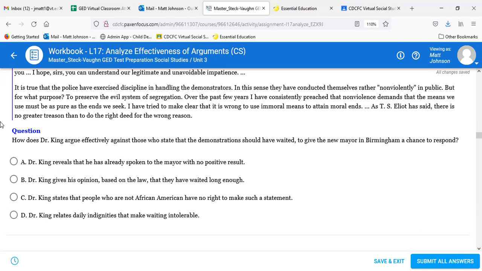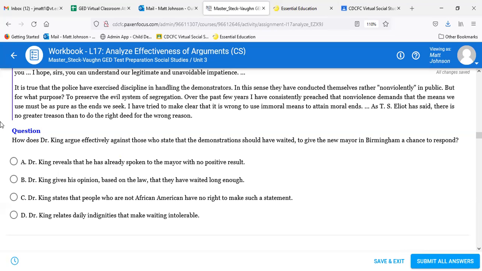C, Dr. King states that people who are not African American have no right to make such a statement. D, Dr. King relates daily indignities that make waiting intolerable. Is it D? D, yeah.